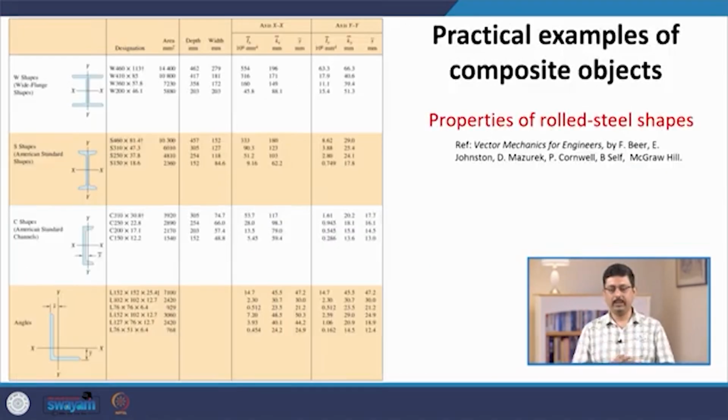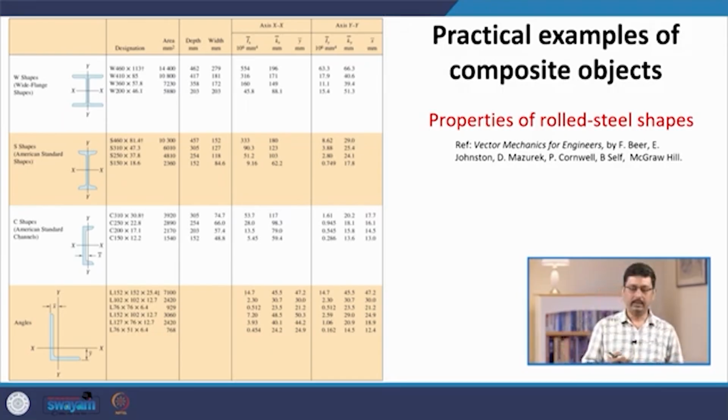Now, I show you an example of a typical engineering machine where you apply this concept of moment of inertia. You have different kinds of shapes like W or S or C or angles, which are used as parts of different machines. If you have different machines which are rotating with respect to each other, then you need to know the moment of inertia.